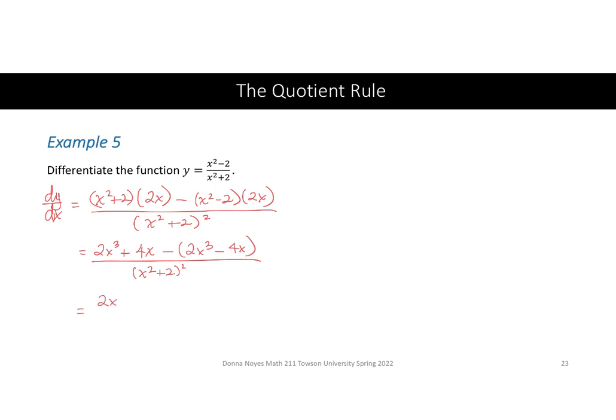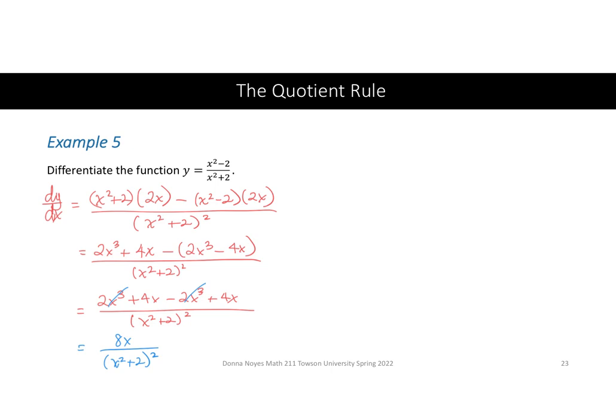Or we end up with 2x cubed plus 4x minus 2x cubed plus 4x, all over x squared plus 2, quantity squared. And again, we have something very similar to what happened last time. The 2x cubes cancel out, and we're left with 8x over x squared plus 2, quantity squared.